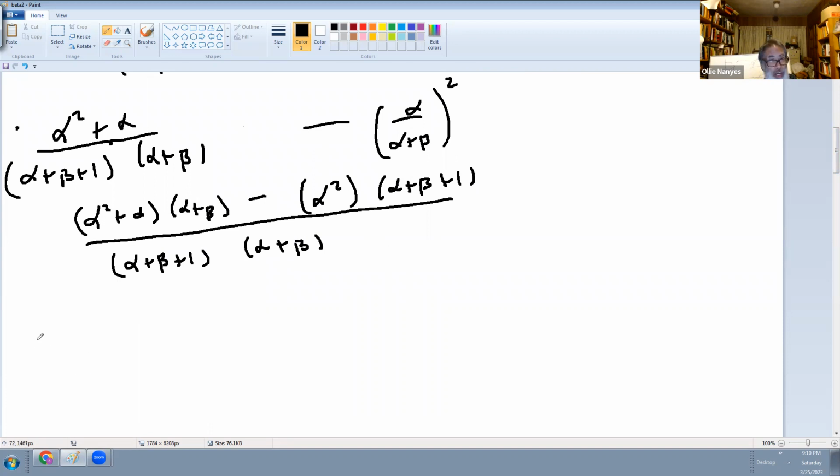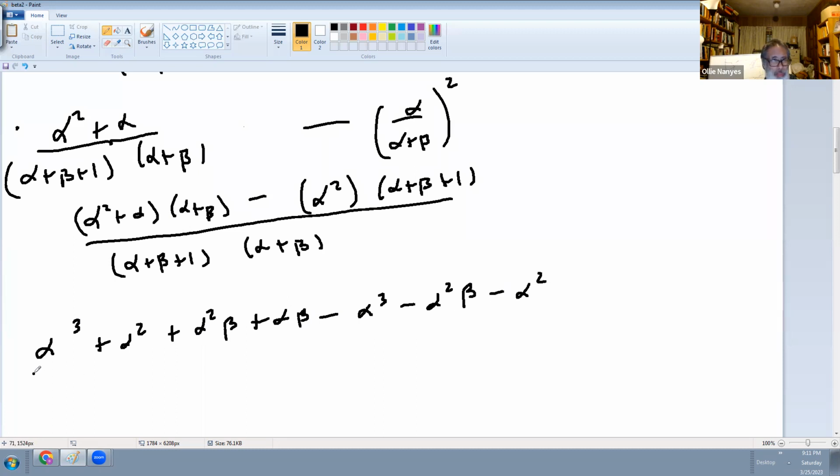So let's just do the top. It's alpha squared times alpha is alpha cubed. Alpha plus that is alpha squared. And then we have plus alpha squared beta plus alpha beta minus alpha cubed minus alpha squared beta minus alpha squared. Oh yeah, that's a square there.